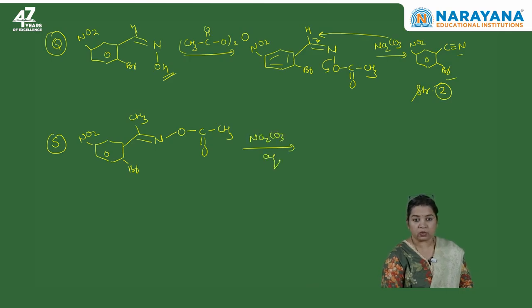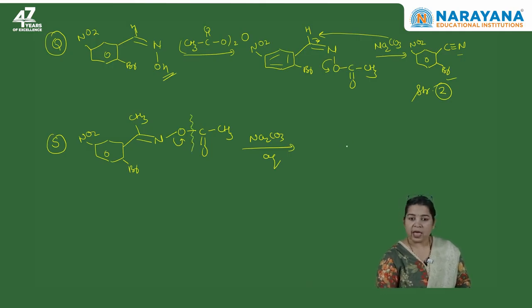But if I remove this, I don't have a suitable leaving group which can leave concertedly or simultaneously. That is not possible this time. And if I cannot have this, what will I do? I will have simple hydrolysis of this ester type linkage.